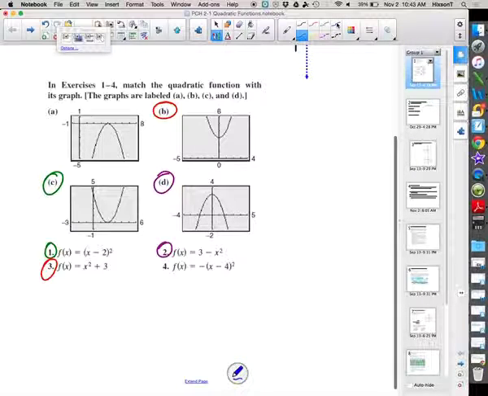We haven't used blue. So that's why 4 goes with A. It's shifted 4 units to the right, and it's going down instead of up. Okay? So guys, if you understand what we were talking about in section 4, this stuff is easy. The vertex form is really easy.